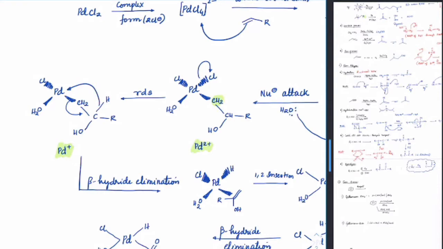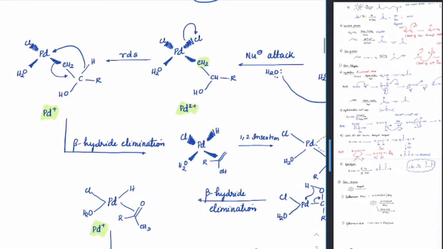So the hydride shift is seen, and this bond will again become a double bond. So the pi bond which was present will again become a double bond. This is called beta hydride elimination. So from here hydride got eliminated and it got added on to palladium. So we will get this type of a molecule.